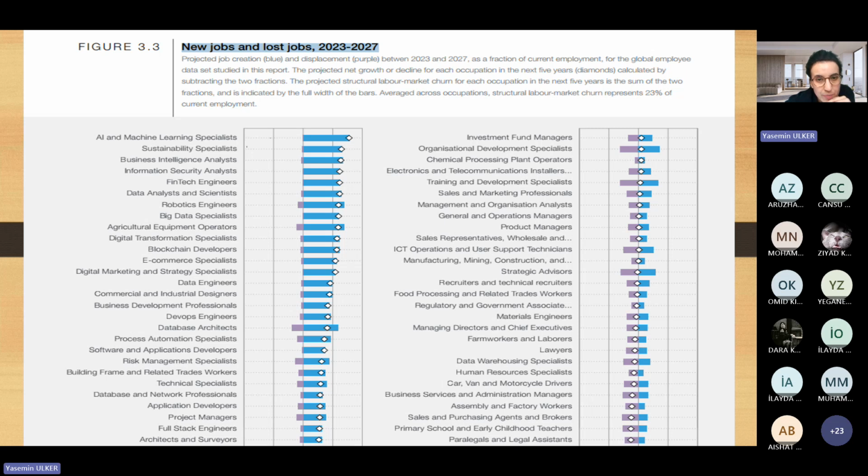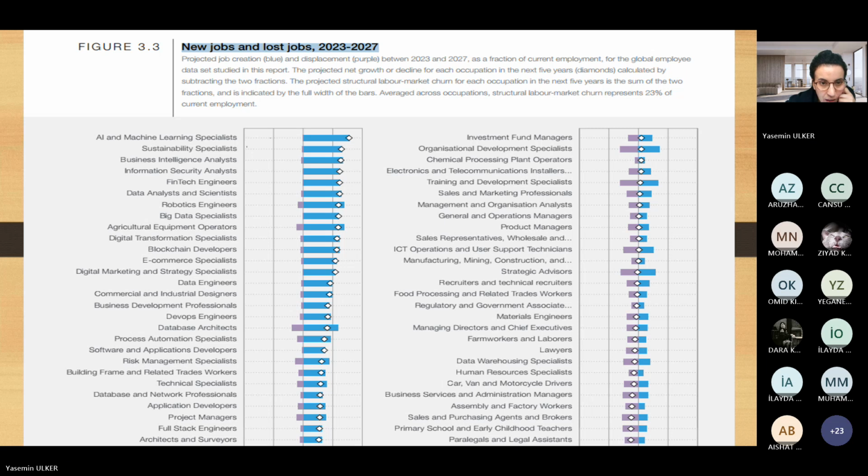New jobs and lost jobs. I think this is more interesting. New jobs: AI machine learning specialist, sustainability specialist again, business intelligence analyst, fintech engineer, big data, robotics engineer. So these are the blue ones. They are the ones that are going to grow as new jobs.